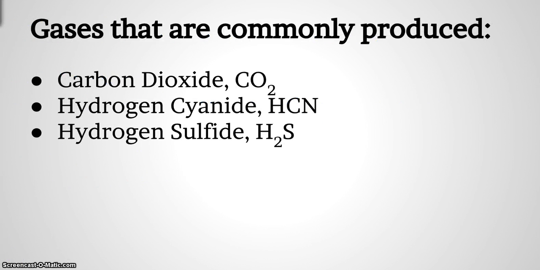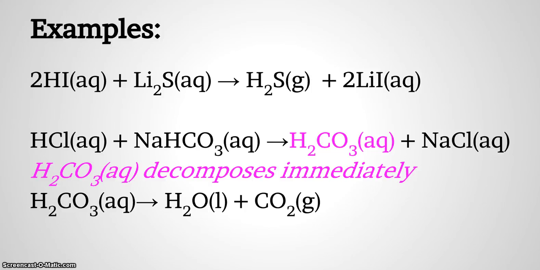All right, earlier I mentioned that sometimes gases can be produced in these reactions. Here are three commonly produced gases: carbon dioxide, hydrogen cyanide, and hydrogen sulfide. And if you want to look at some examples, so here, for example, HI reacts with Li2S, the hydrogen and the lithium replace each other, and we get hydrogen sulfide, which is a gas.